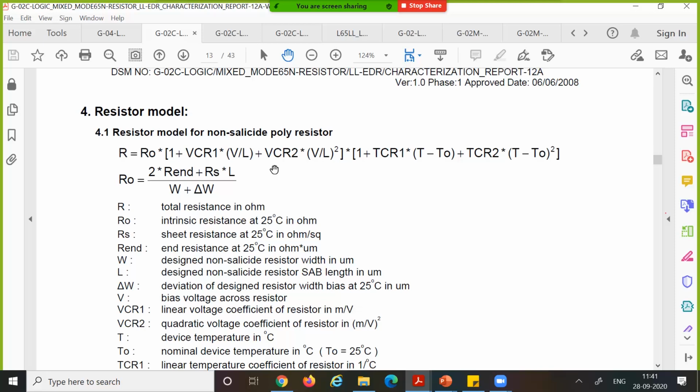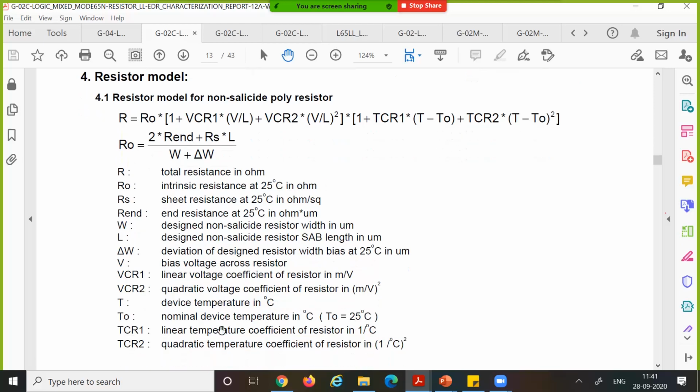So you have a linear voltage coefficient and a quadratic voltage coefficient. In the same way you have the linear temperature coefficient, TCR1 times (T minus T naught), plus TCR2 times (T minus T naught) the whole squared. And this R naught itself is 2 times R end. I will talk about R end slightly later.